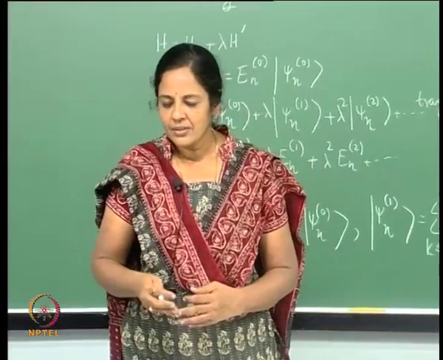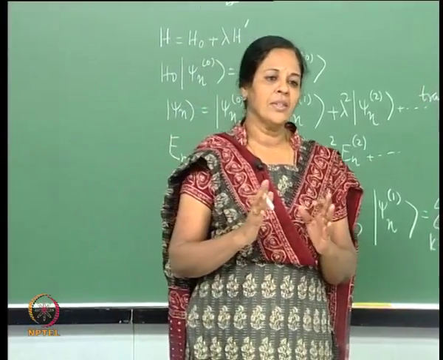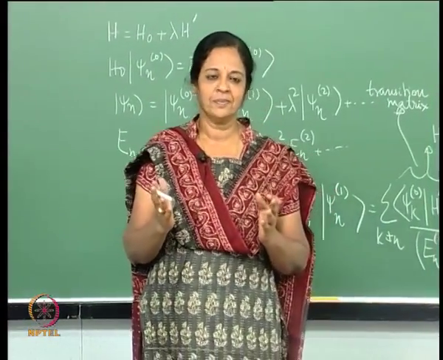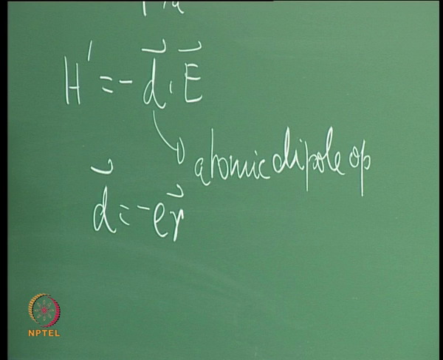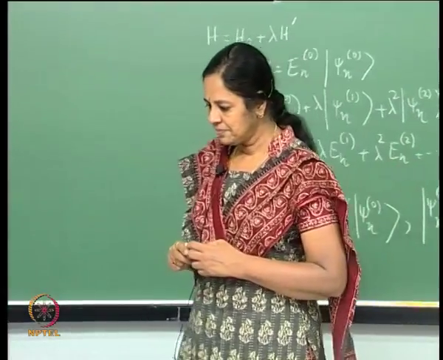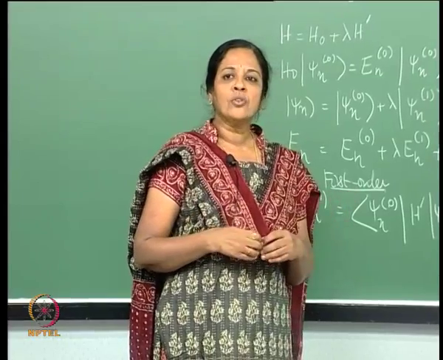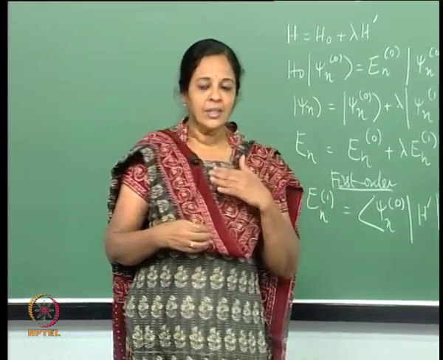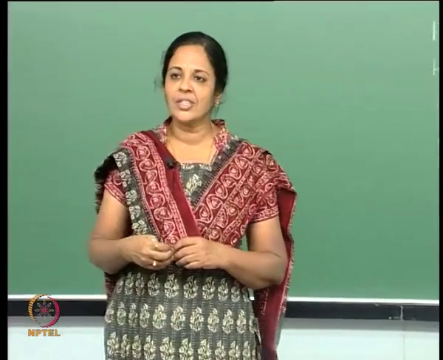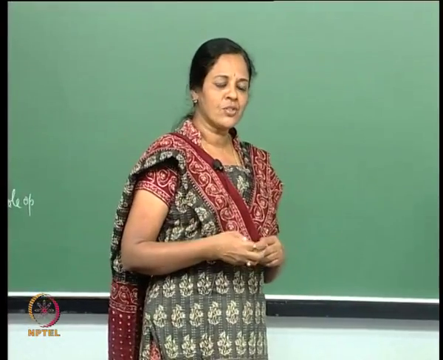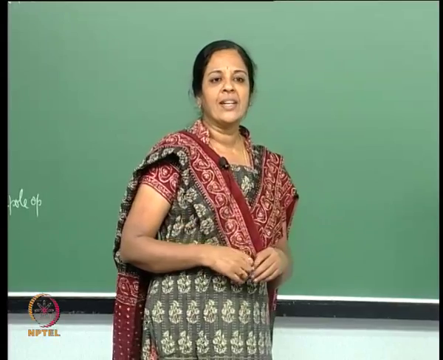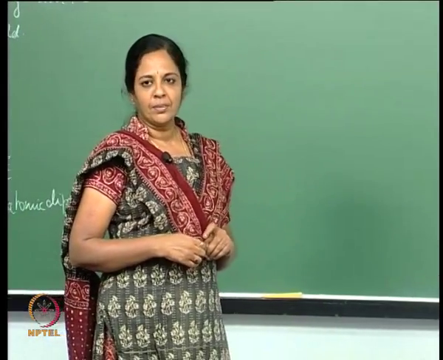In other words, the size of an atom is typically of a few angstroms, and I would assume that if I use light, electromagnetic waves with wavelength of the order of about say 500 nanometers, then across the size of the atom, across a stretch of a few angstroms, I do not expect the electric field to change terribly.